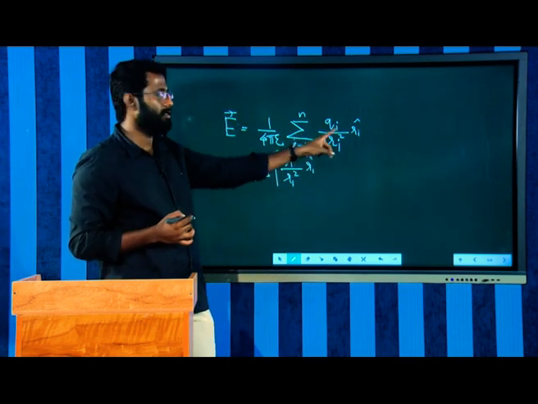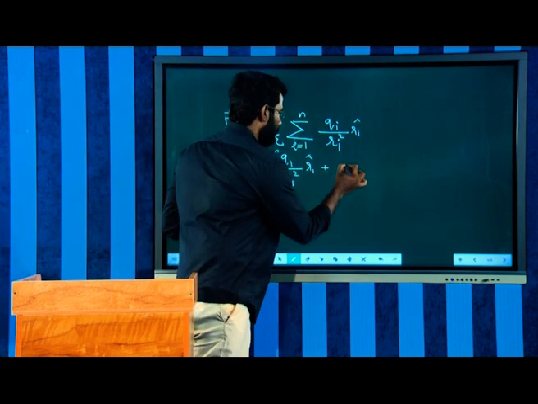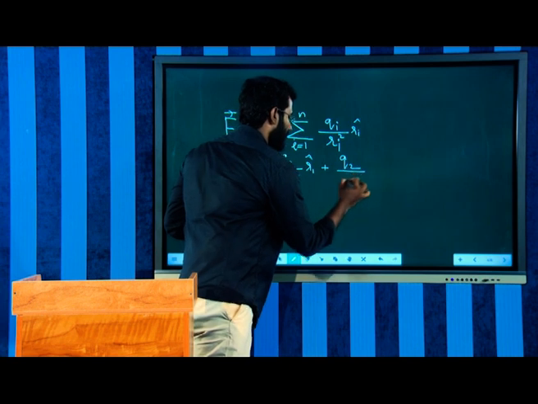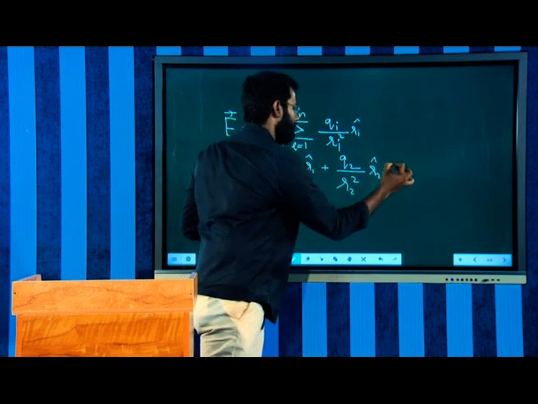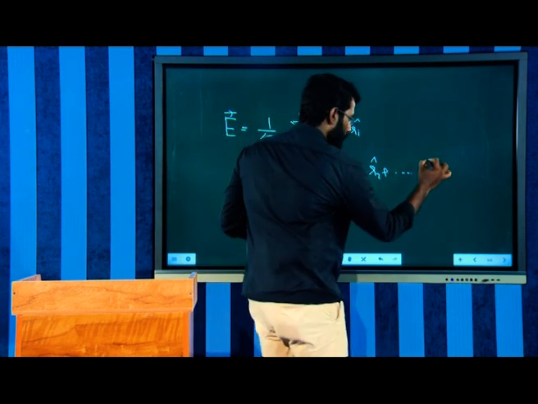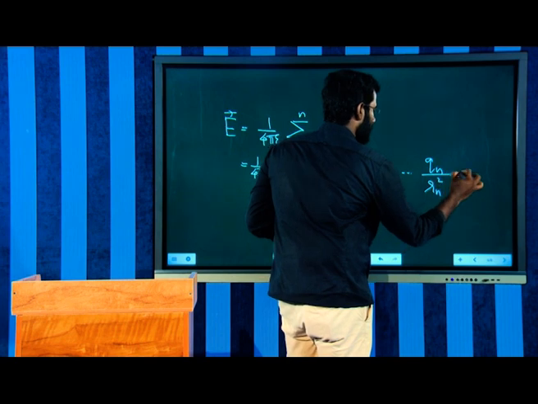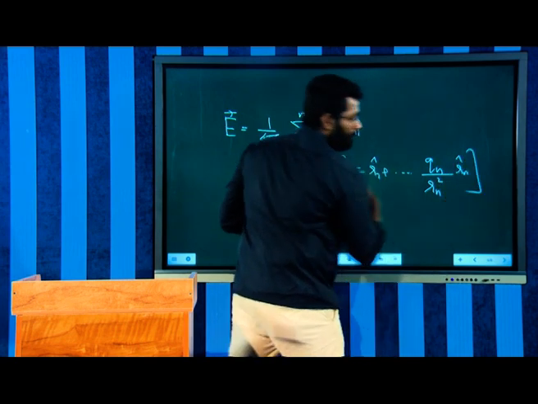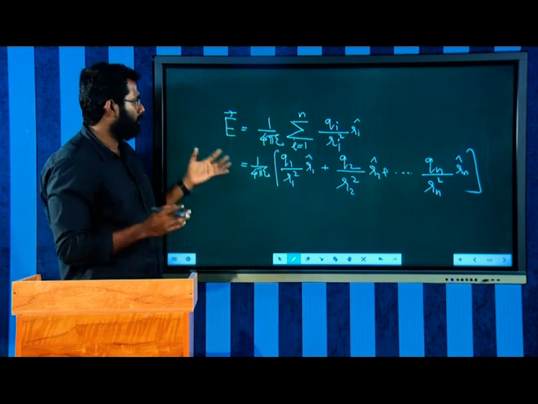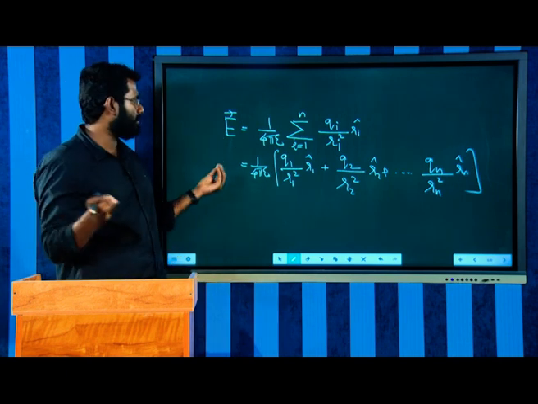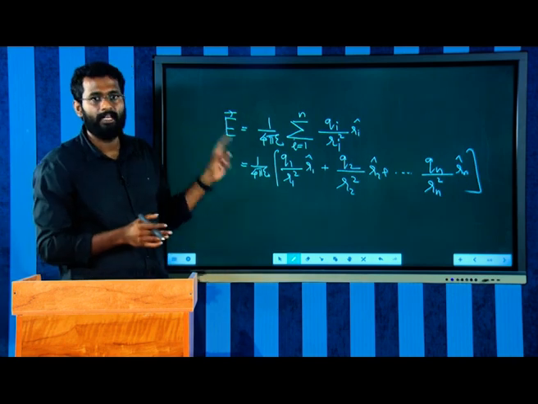Now this is a summation, so plus the next index, i is equal to 2, that is Q2 divided by R2 square into R2 cap, plus etc. up to Qn divided by Rn square into Rn cap. This is how the expression works. Now, if we have any discrete charges distributed anywhere, we can calculate the electric field using this.